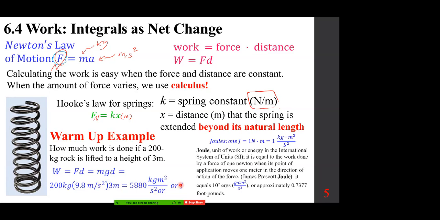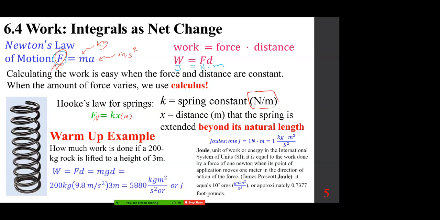Here's the definition of a joule. If this is 1 joule, I'm showing you the product of F, which is in Newton, and distance, which is in meters. So whatever we do to numbers, we do to units.